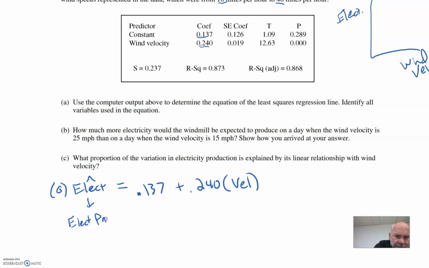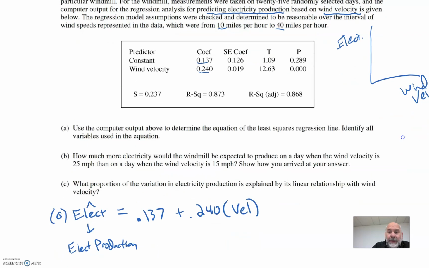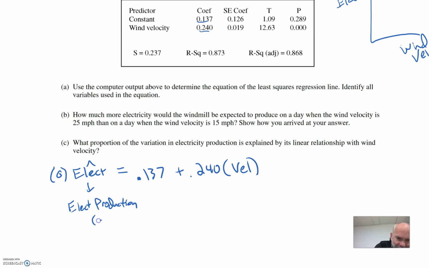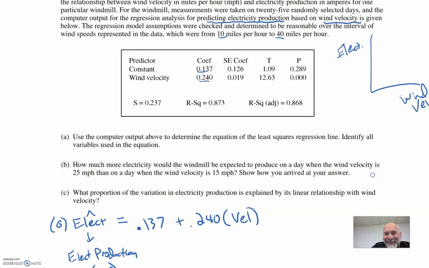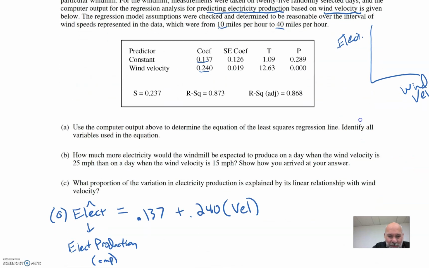electricity production. Did they even give the units for that? Wind velocity in amperes, right? That was in it. Electricity production in amperes. So that's the units for that.